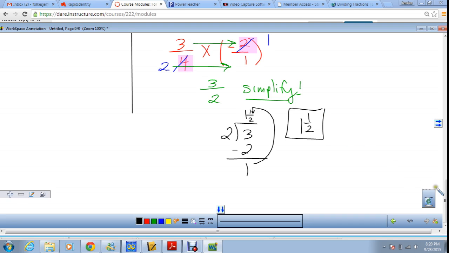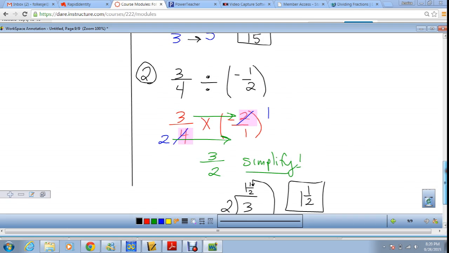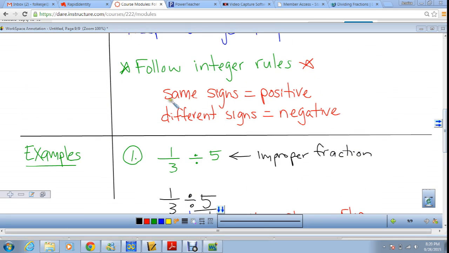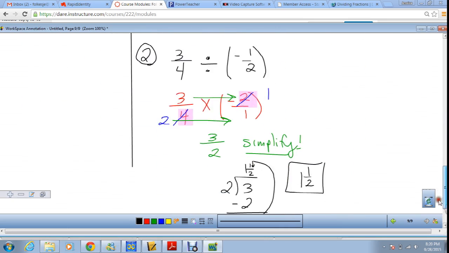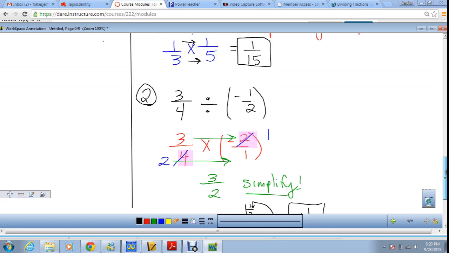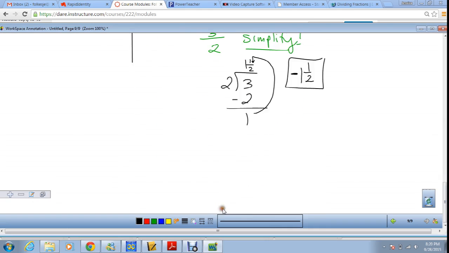Now let's double check our signs. I have a positive times a negative, so I have different signs, so my answer is -1 1/2. You hate to do all that work and then get it wrong because you missed your negative sign. So be sure to check that you're following your integer rules.